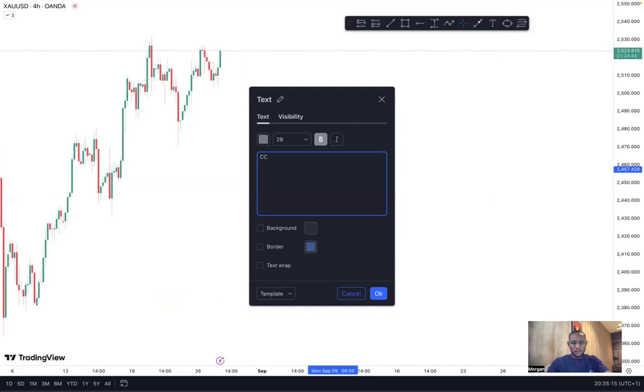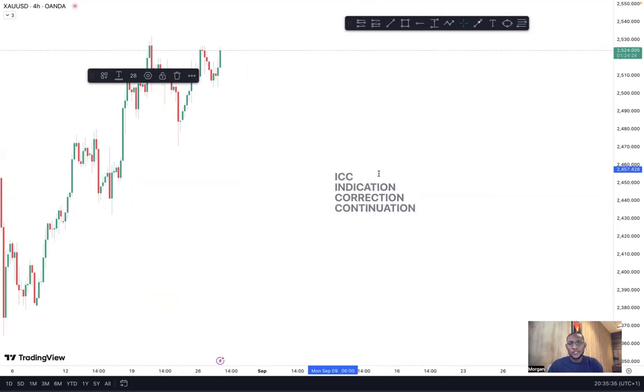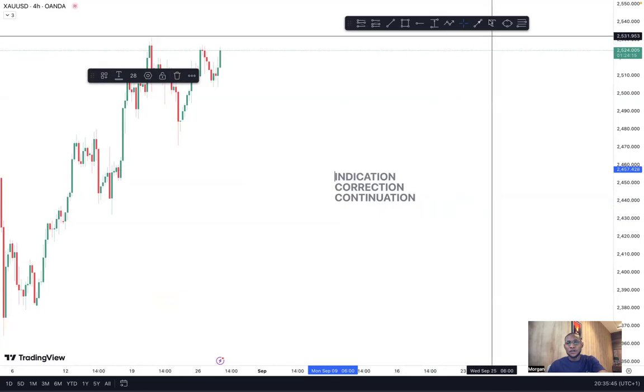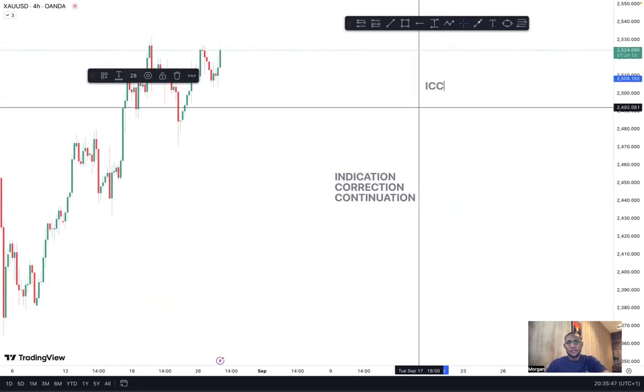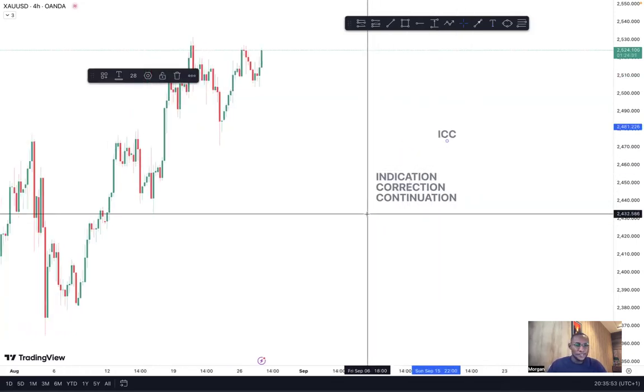It's called ICC, which stands for indication, correction, and continuation. Now I'll explain this, right? It stands for indication, correction, and continuation, which is ICC. So in terms of what this means, let me show you guys.